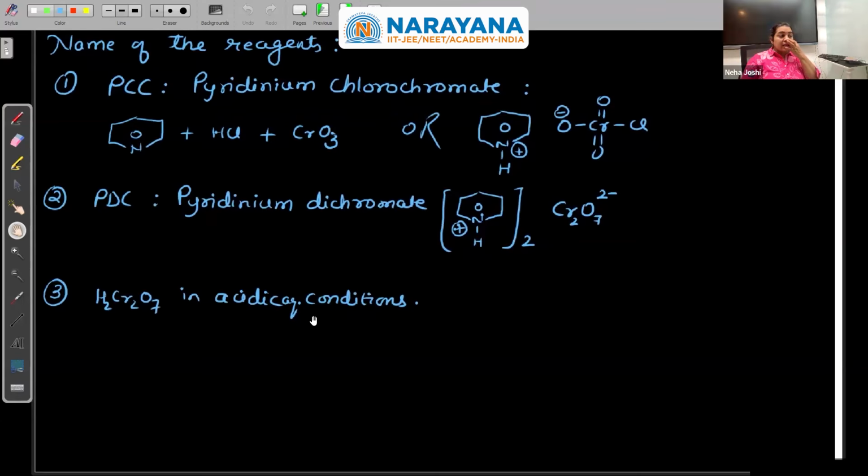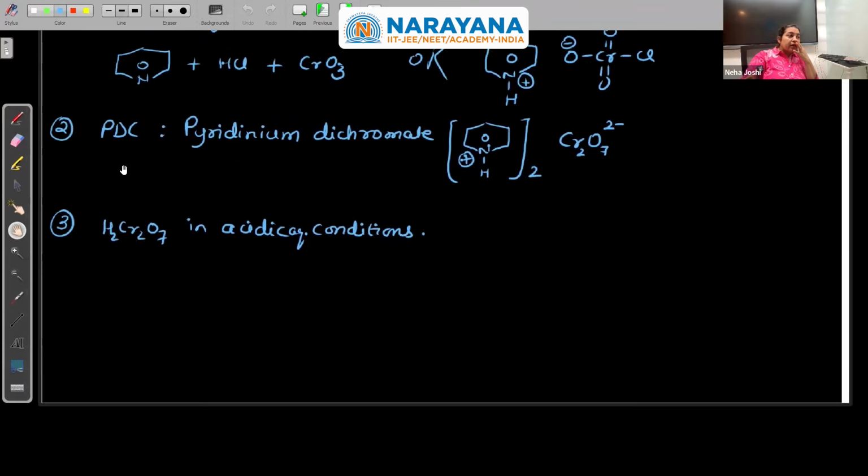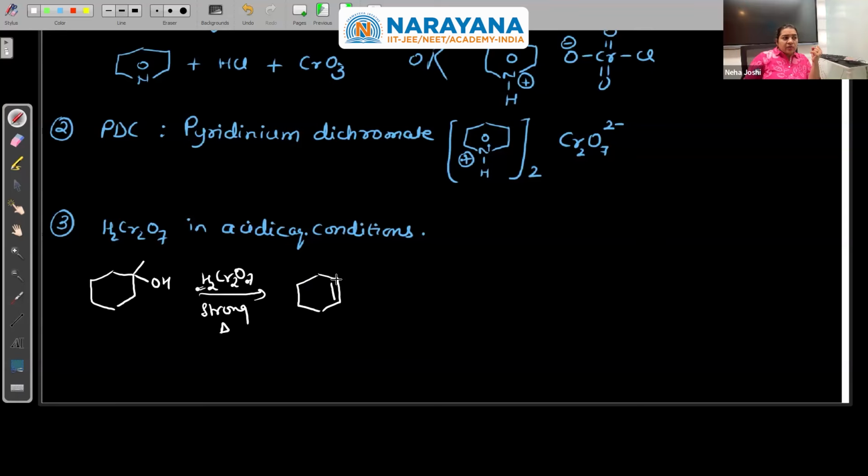Now what I was saying is that sometimes you may find this type of oxidation, but that is a rare possibility, and only if they give you some hint do you take this. Like they say H2Cr2O7 and strong heat. Now conditions are acidic, heat is there. So what actually happens is they undergo dehydration and then take oxidation of this.